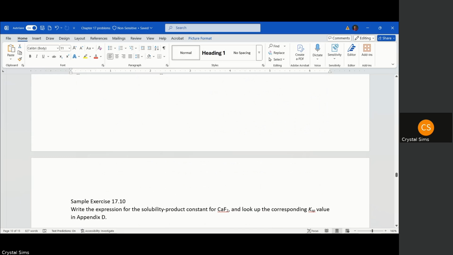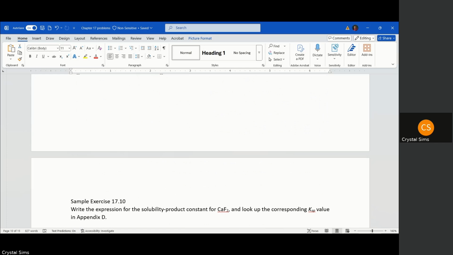Moving along now to 17.10, moving past titrations, getting now to equilibria of solutions and looking at solubility. So we're introducing a new constant here called Ksp, which is our solubility product constant.